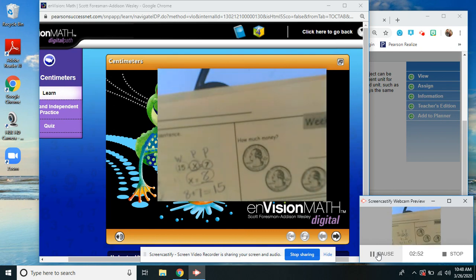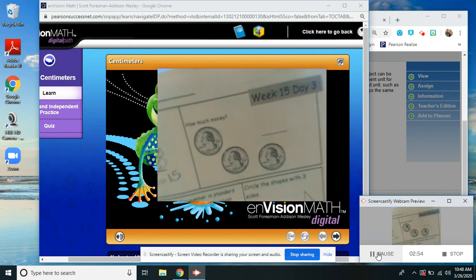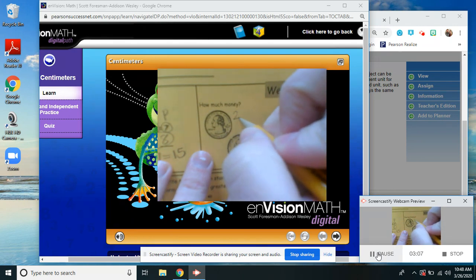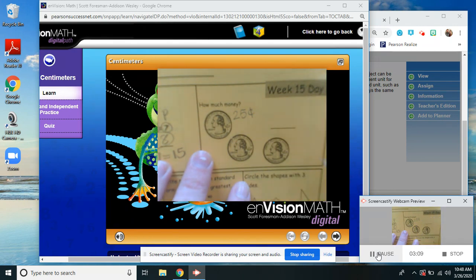Moving on to the next box, it says, how much money? Well, I can see that we have 3 quarters here. How much is each quarter worth? 25 cents. You can write it for each quarter if you would like.